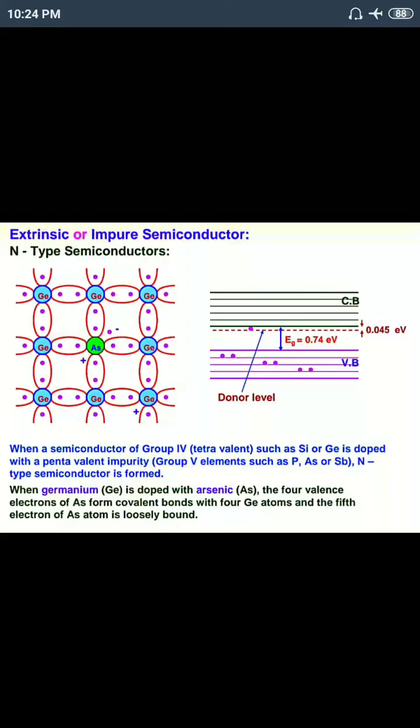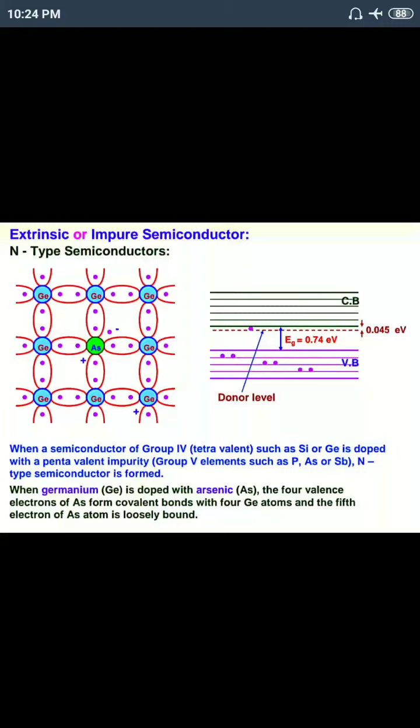When we dope a pentavalent atom into a small part of an intrinsic semiconductor, it will have extra free electrons inside the lattice. That type of semiconductor is called an n-type semiconductor.